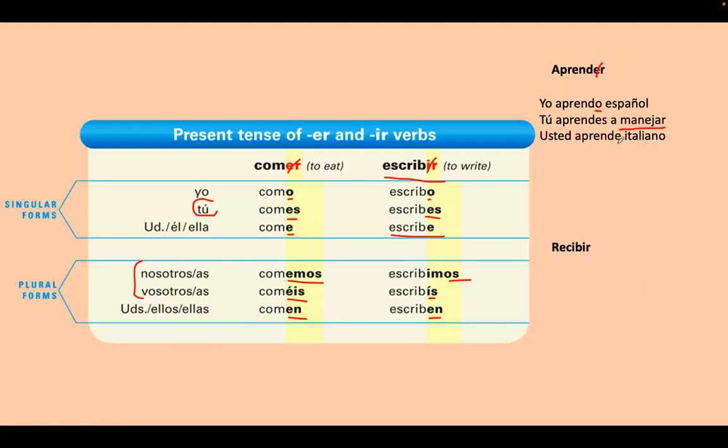Usted aprende italiano, the ending. Okay, now, él aprende los números. Ella aprende el alfabeto. Nosotros aprendemos arte. Vosotros aprendéis inglés.